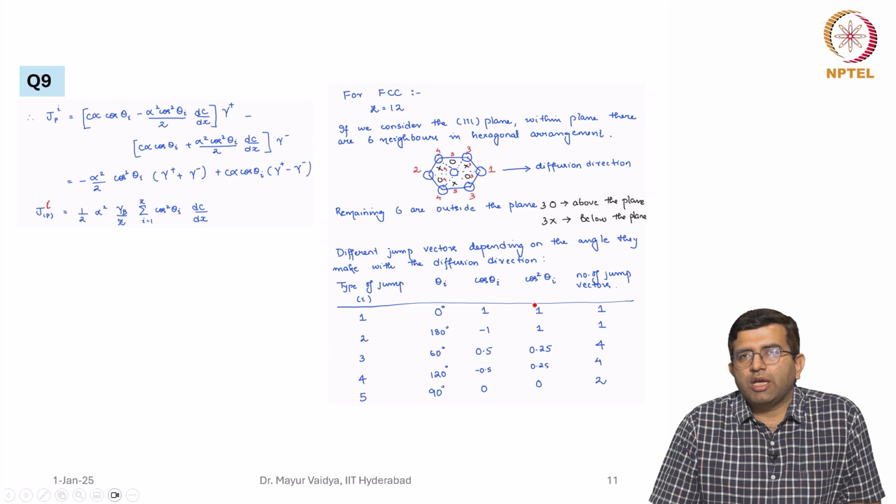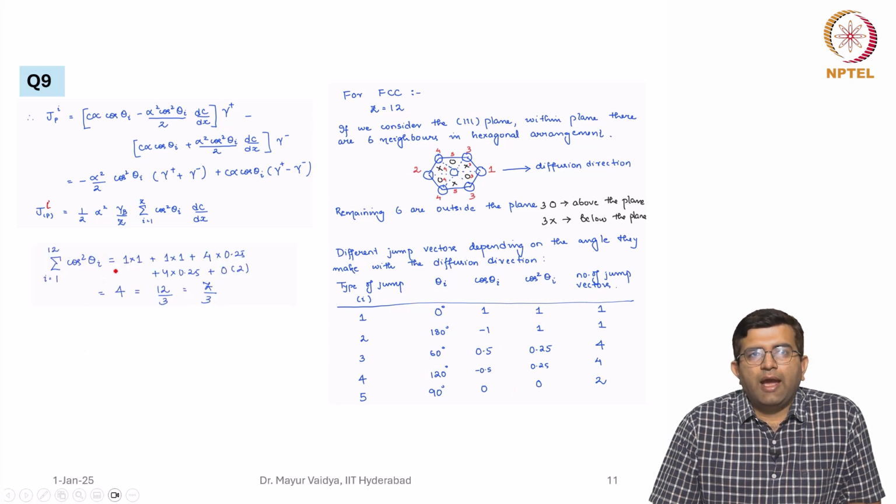So, then you take the average of these cos square theta i, and you get 1 into 1 plus 1 into 1 plus 4 into 0.25 plus 4 into 0.25 plus 0 into 2, which comes out as 4, which can be written as 12 by 3. 12 is nothing but the coordination number, so you can write it as z by 3.